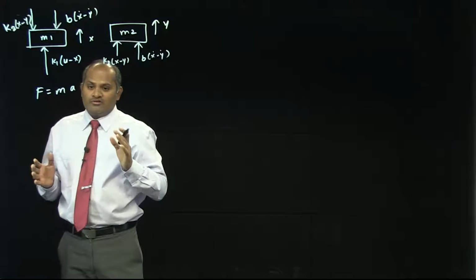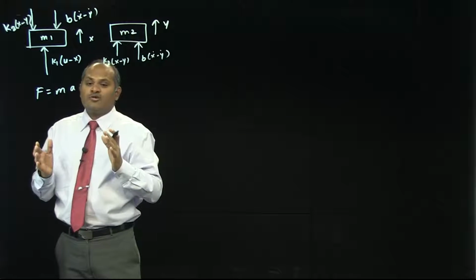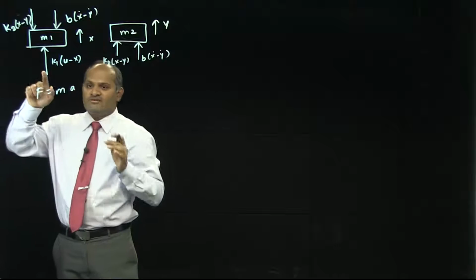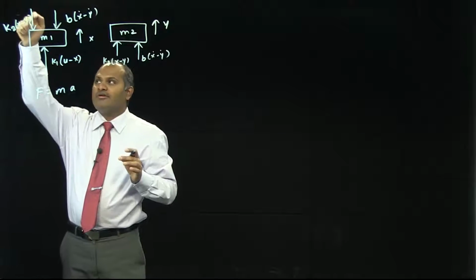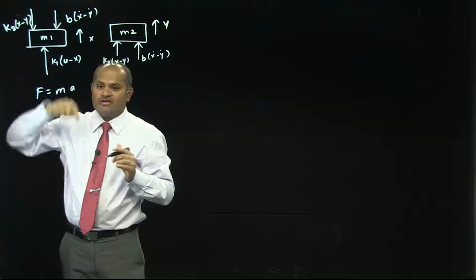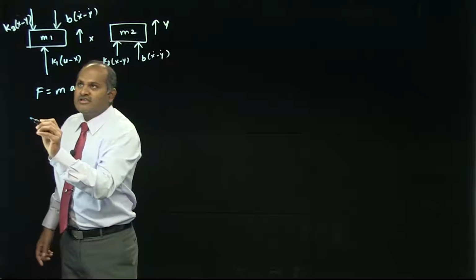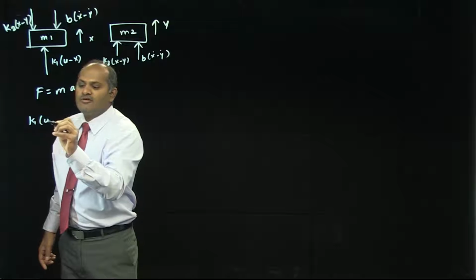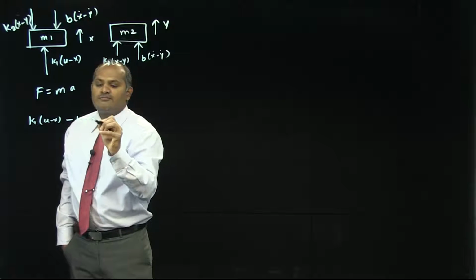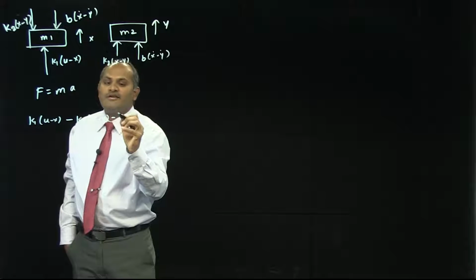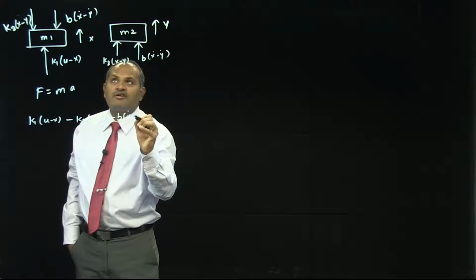The resultant force produces mass into acceleration. You see, k1 into u minus x is in this direction, k2 into x minus y is in the opposite direction. So, what is the resultant force? The resultant force will be k1 into u minus x, minus k2 into x minus y, minus b into x dot minus y dot.